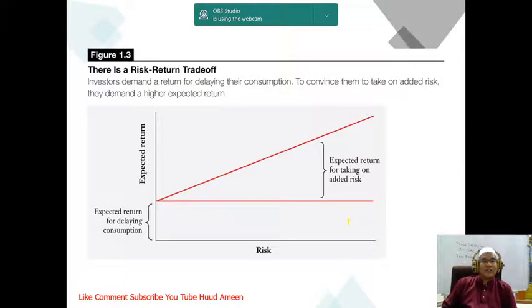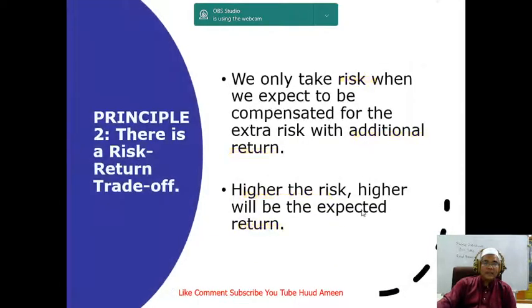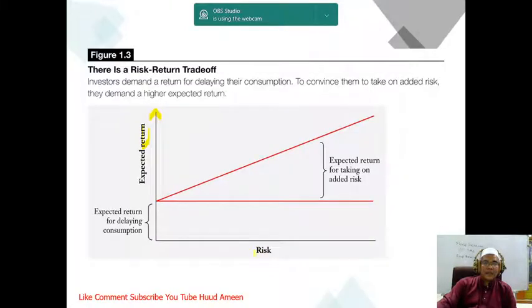So, according to the common graph, return on the y-axis and risk on the x-axis, the higher the return expected, then the investor will have to take higher risk.